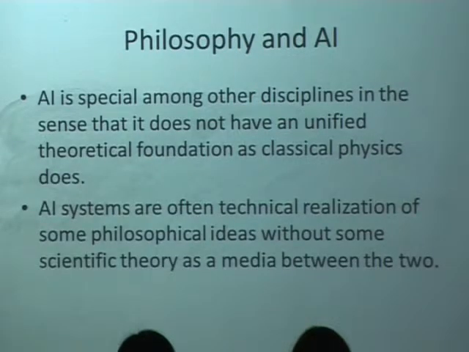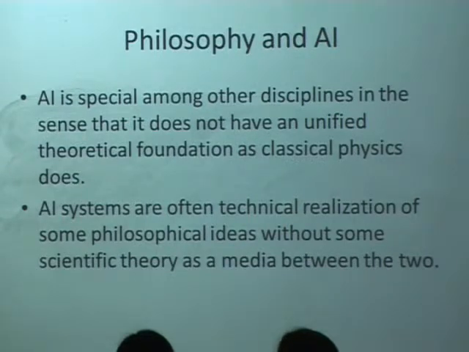So now I need to give you a big picture of the relationship between philosophy and AI. Why are philosophers interested in AI? Because AI is something very special. AI is a special thing among other disciplines in the sense that it does not have a unified theoretical foundation as classical physics does. Different AI approaches have different theoretical assumptions, but they all live in the same AI society.